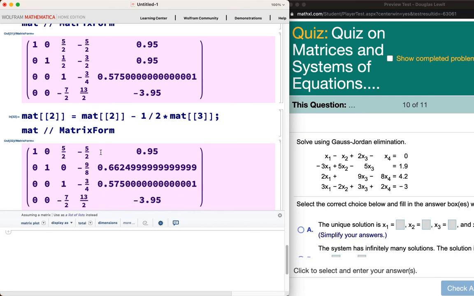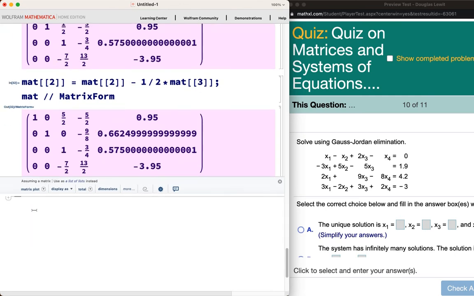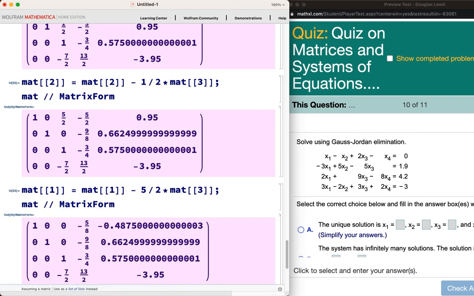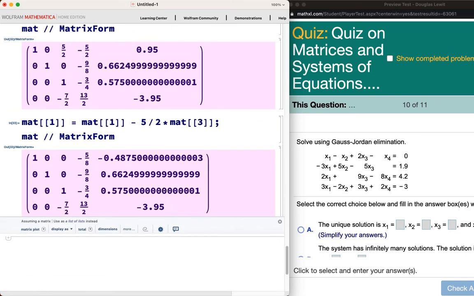Okay. Let's see. So then the new first row is going to be equal to the old first row, right? Minus 5/2 times the third row. Okay. And then finally, well, it's not really finally, for this column, this number here has to be 0.